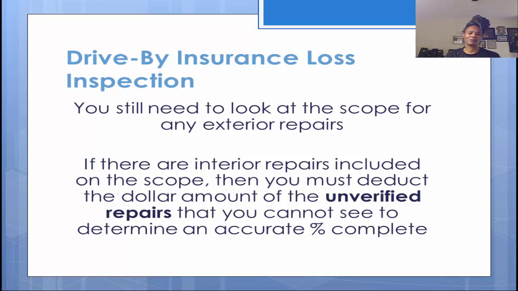So what you want to do is subtract those unverified repairs from your ACV total, because you cannot determine an accurate percentage. Deduct that amount from the scope, from the ACV total, and then you can calculate your percentages from there.